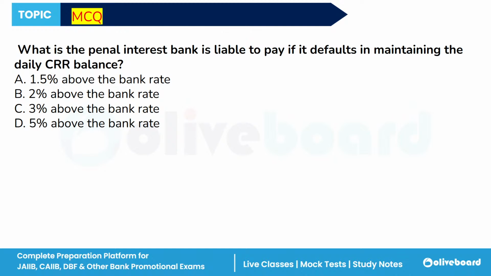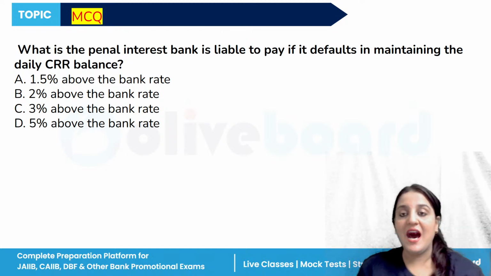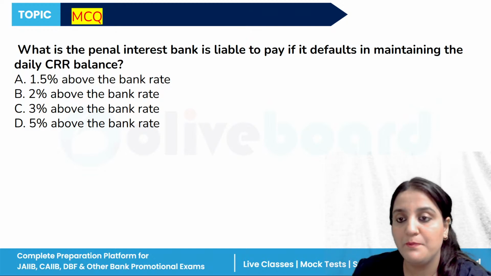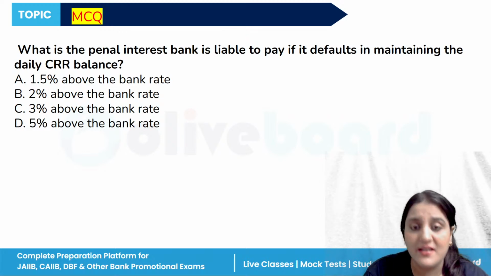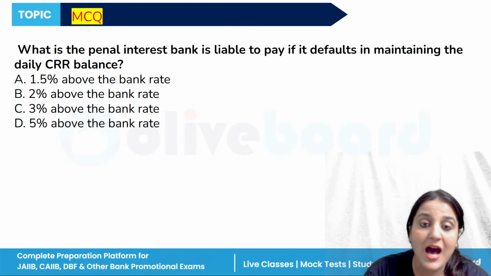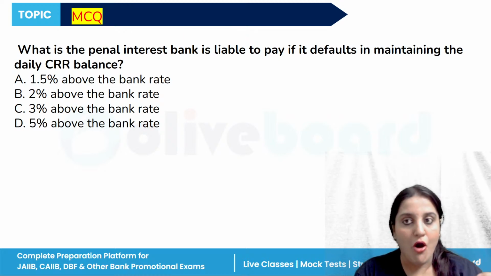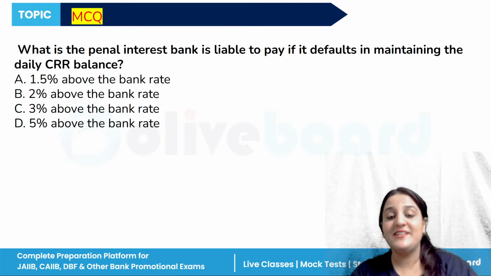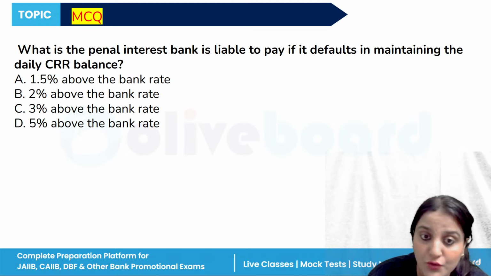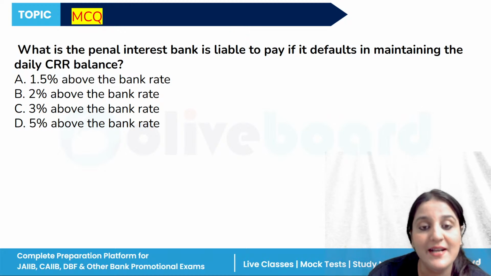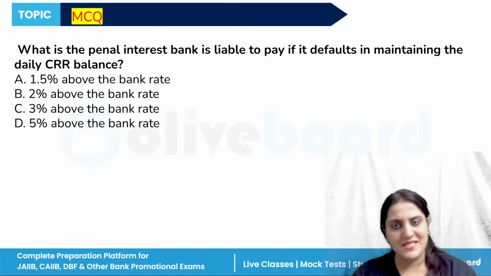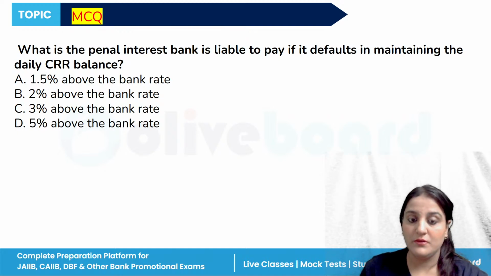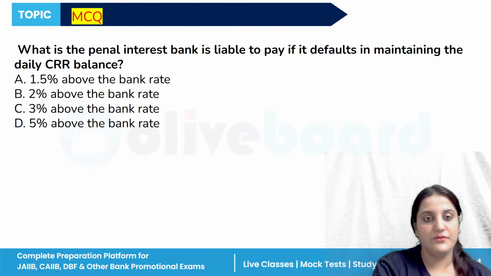Any default in maintaining the CRR balance, the bank is basically liable to pay a penal interest of 3% above the bank rate on the shortfall amount for the day, and if the shortfall continues on the next succeeding day, penal interest shall be recovered at the rate of 5% above the bank rate. So basically the correct option is option C.